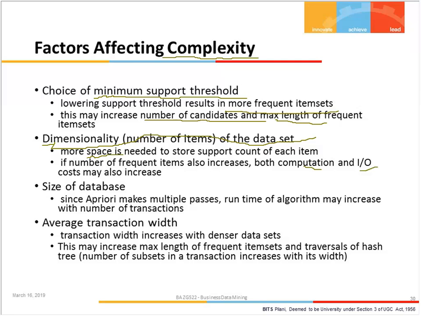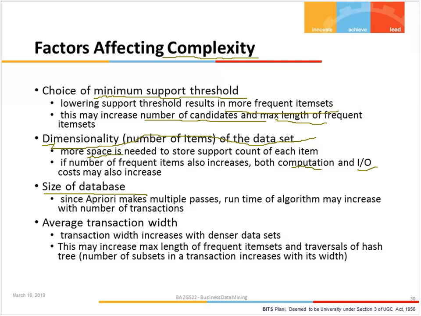Then the size of the database: we need to scan the database once for each iteration in Apriori. So for each pass we need to scan, and if the database size is large, meaning the number of transactions is large, the scan time will be large.